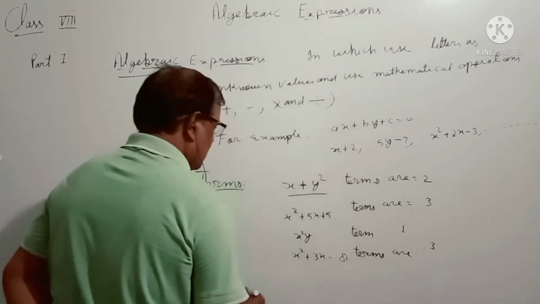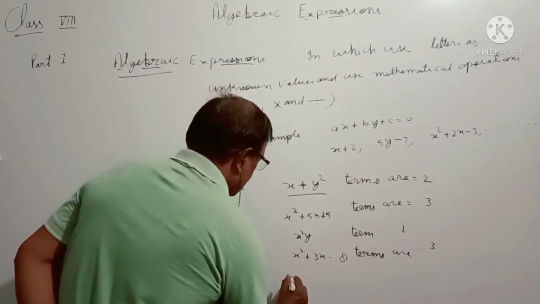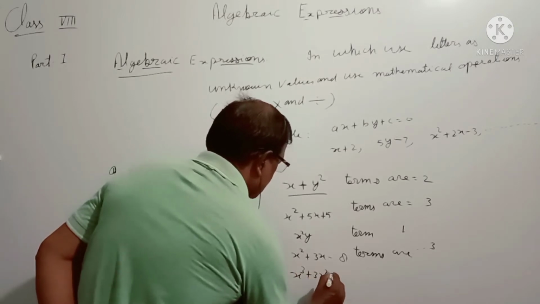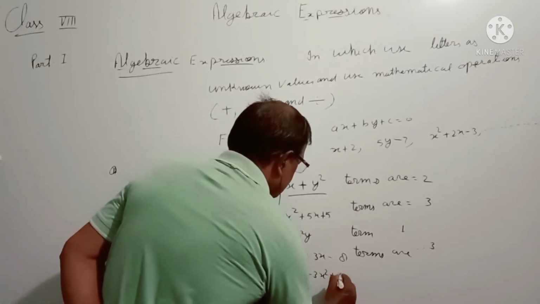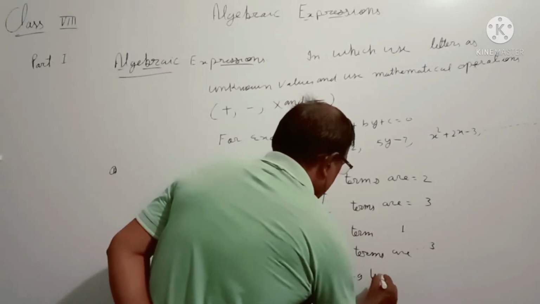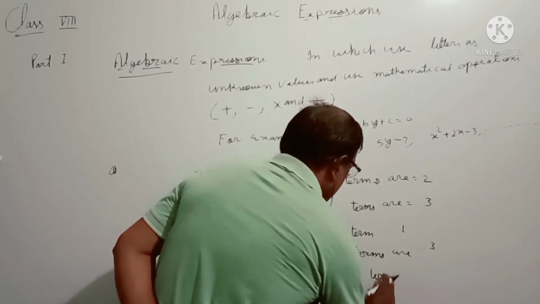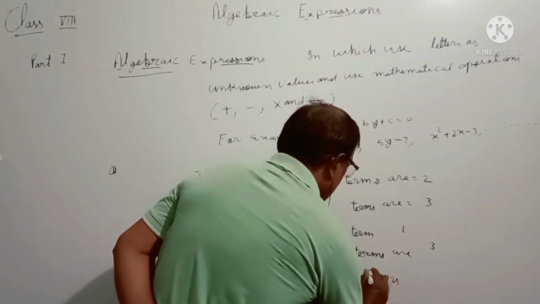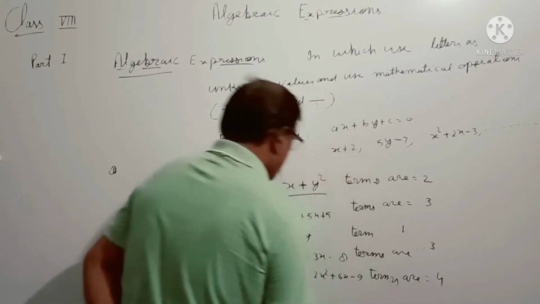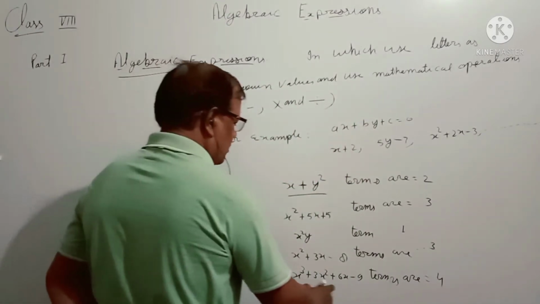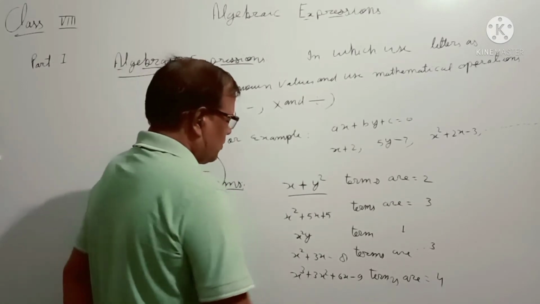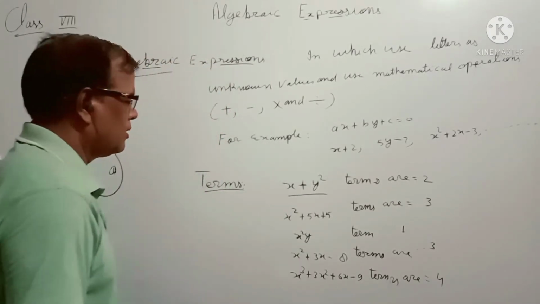And there can be many terms also, as in x cubed plus 3x square plus 6x minus 9. Here terms are 4, and we count them. Plus and minus signs are used here, so terms are separated with plus or minus signs.